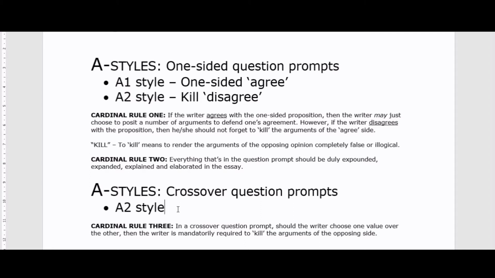As stated in cardinal rule number 3, in a crossover question prompt, should the writer choose one value over the other, then the writer is mandatorily required to kill the arguments of the disagree side. So we will now label this as the crossover A2 style, which is the crossover kill.